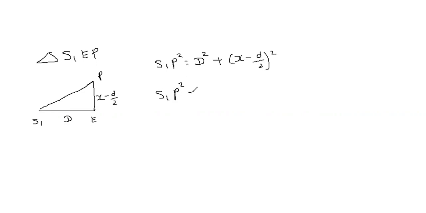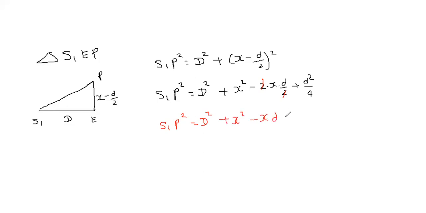So S1P square equals D square plus A minus B whole square, so A square minus 2AB plus B square. The 2 cancels out. So S1P square is equal to D square plus X square minus XD plus D square by 4. Equation number 1.